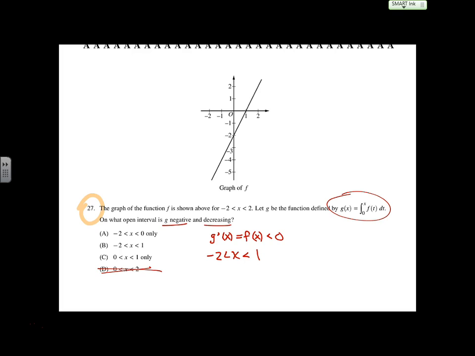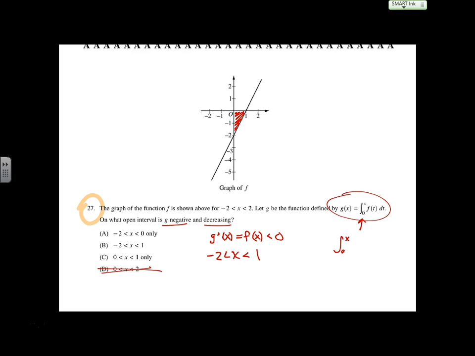But we also need G to be negative. Now, question. What's the lower bound? 0. So if we were thinking about this area right here from 0 to 1, that would be moving normally, right?